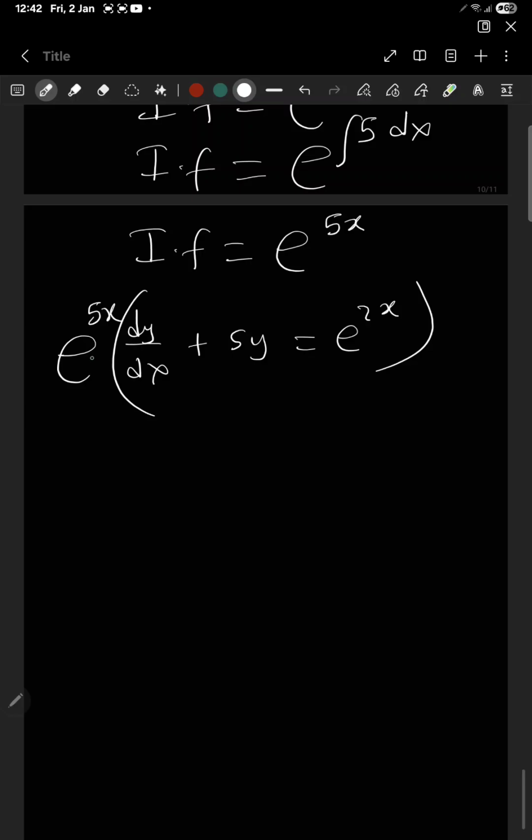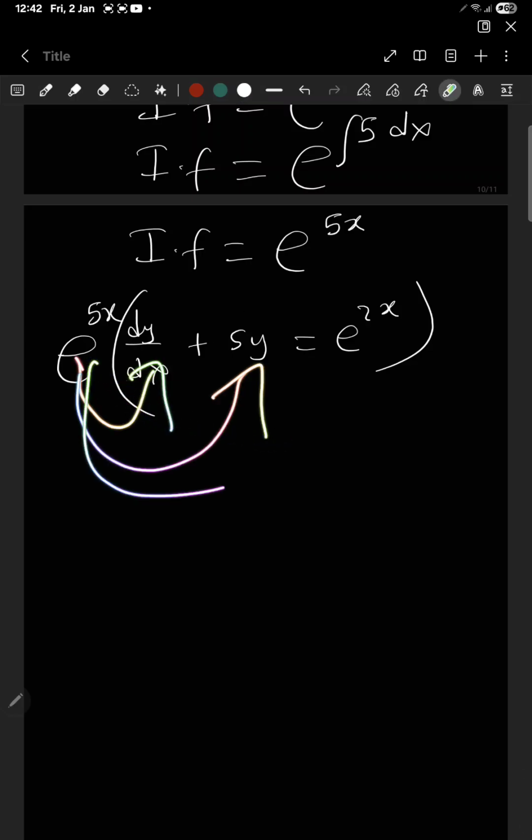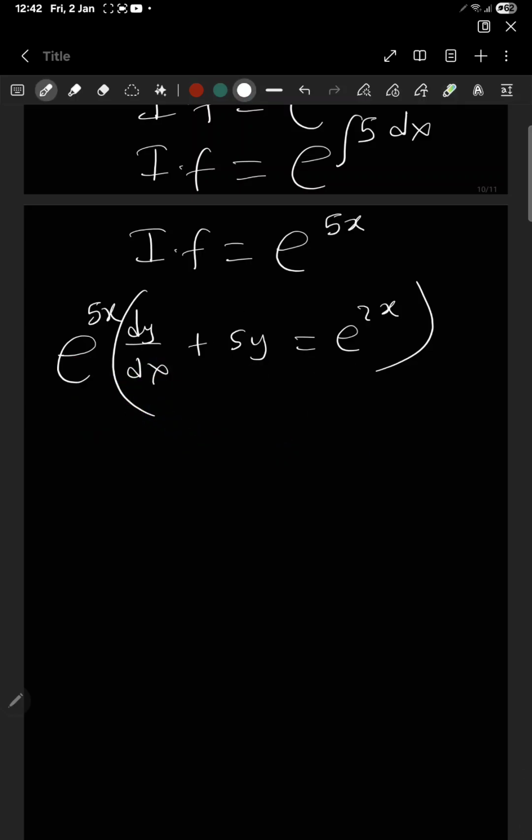So we multiply this to this, and that to that. By doing so, you're going to have e to the power 5x dy over dx plus e to the power 5x, then 5y, is equal to, you also multiply e to the power 5x times e to the power 2x.